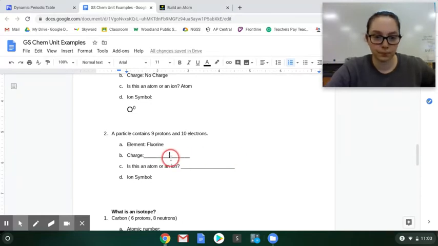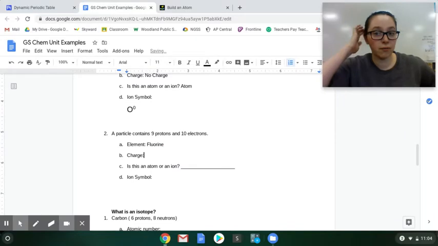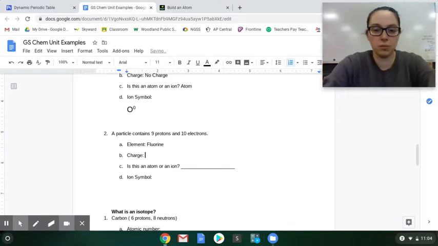There's a pretty easy way that you can figure out charges. If you want to think about math, your charge is equal to your number of protons minus your number of electrons.